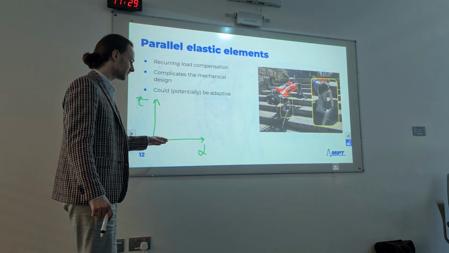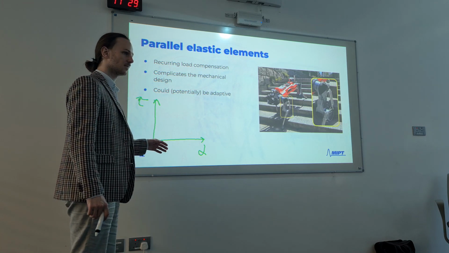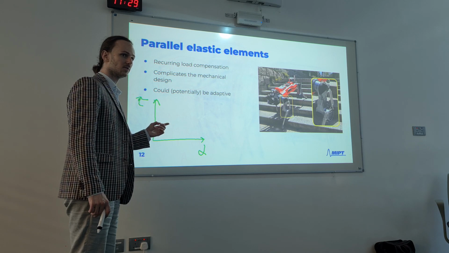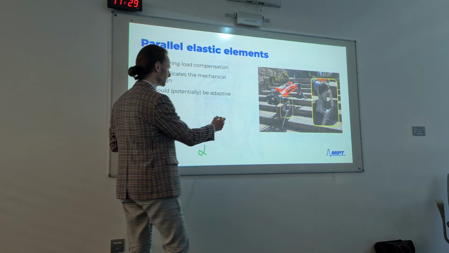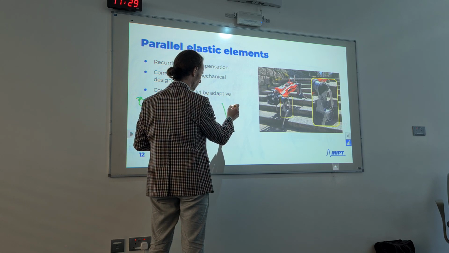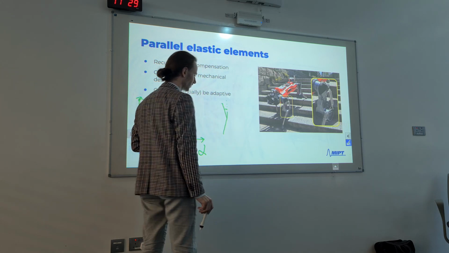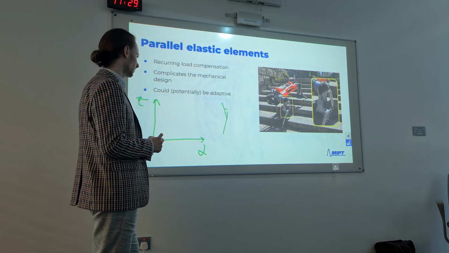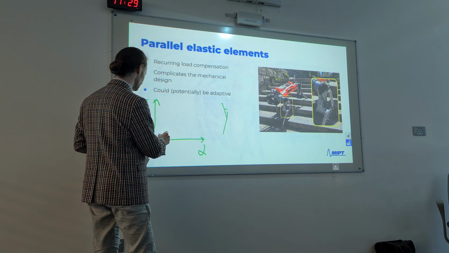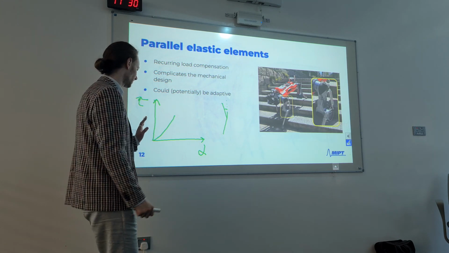Let this be 0 degrees, this will be 90 degrees. How will the plot look? Linear? You sure? There should be a cosine plot, right? Or sine. So it seems like something like this in the limited range.